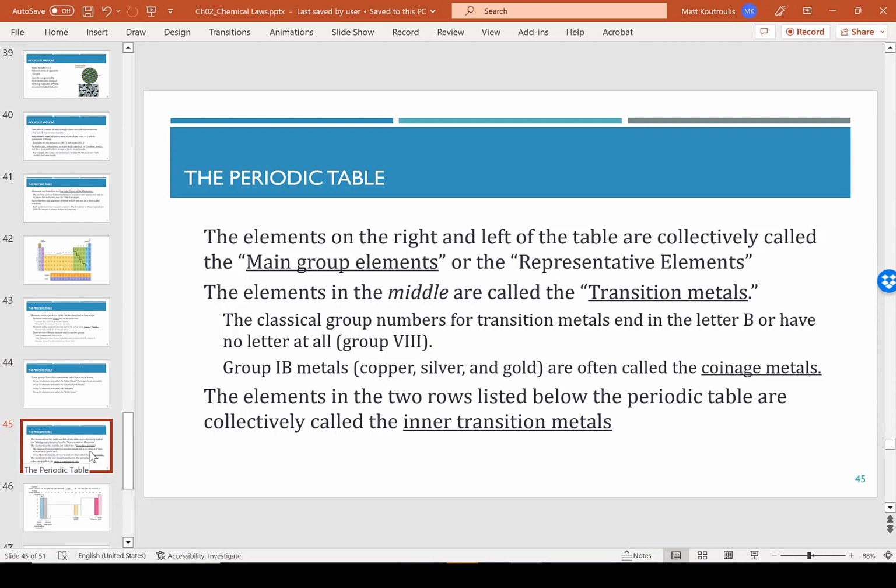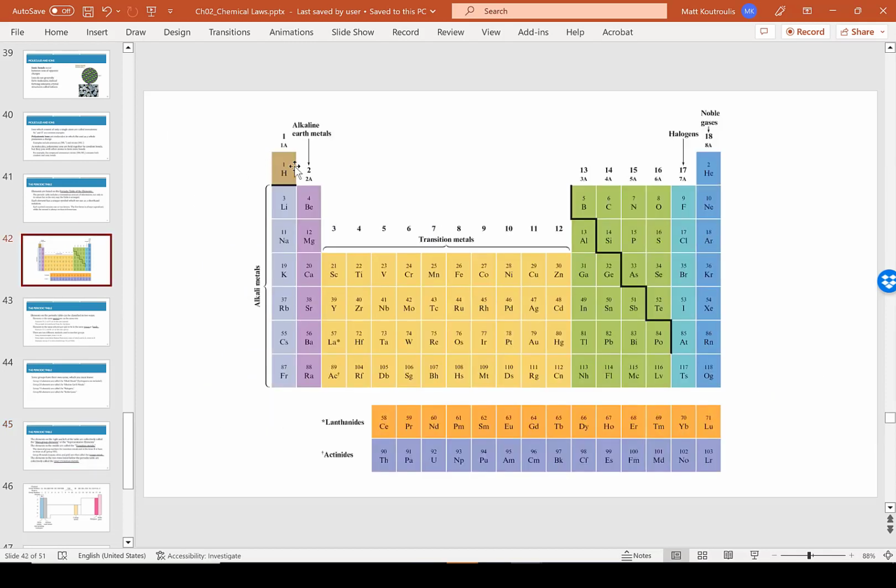Okay. On the periodic table, all the groups that end in A, 1A, 2A, 3A, 4A, all the way through 8A, these are collectively called the main group elements. If you remember, these are electron configurations that end in what?